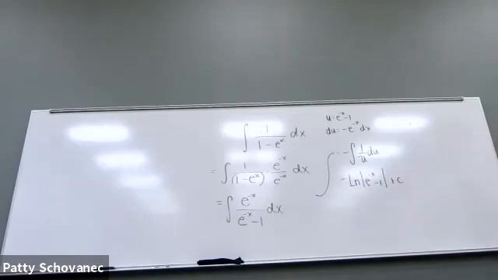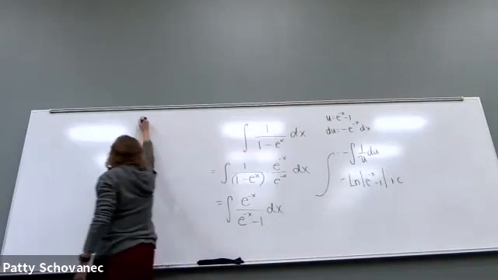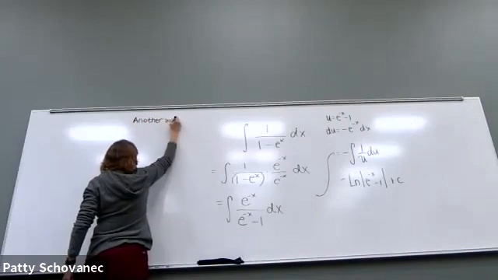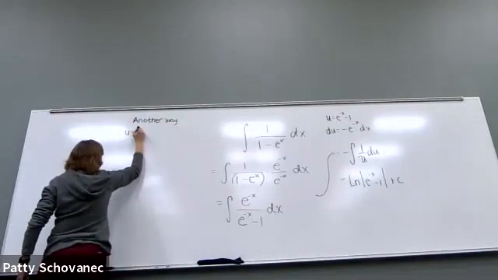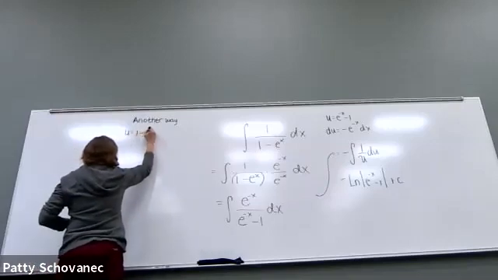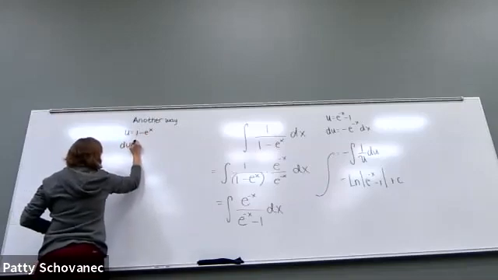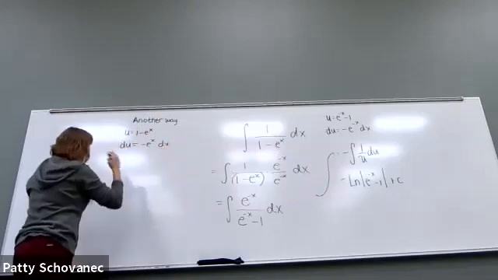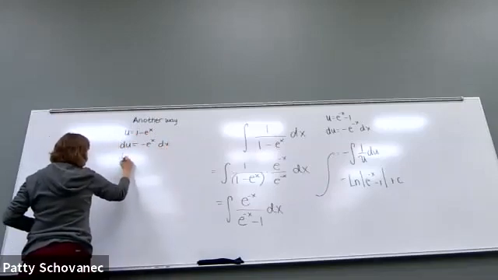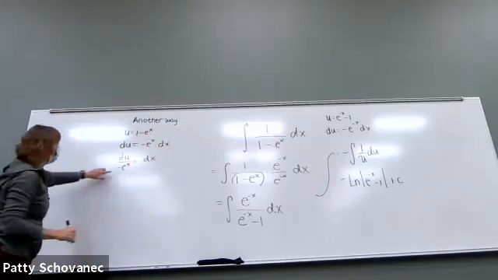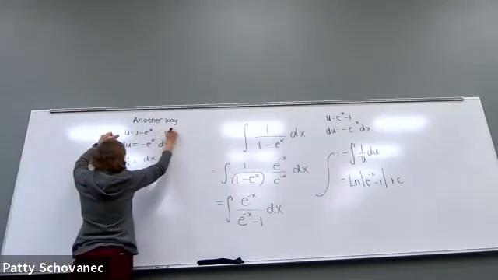Another way to do it is with a double substitution. Start out with u being the entire denominator, 1 minus e to the x, and then du is minus e to the x dx. And so du divided by minus e to the x is the dx, where minus e to the x is the same as u minus 1.